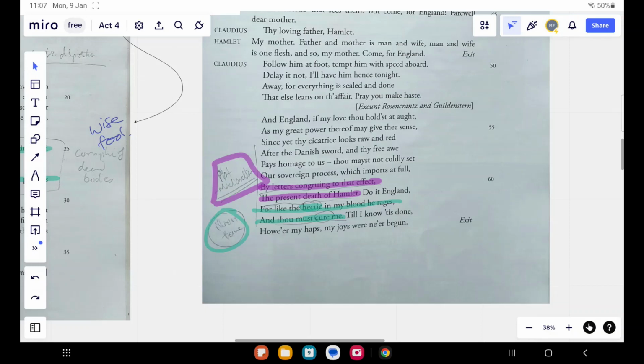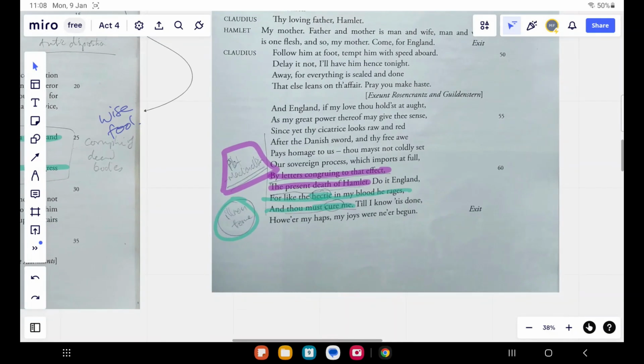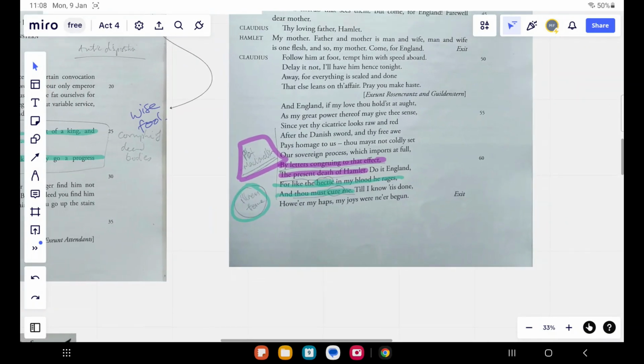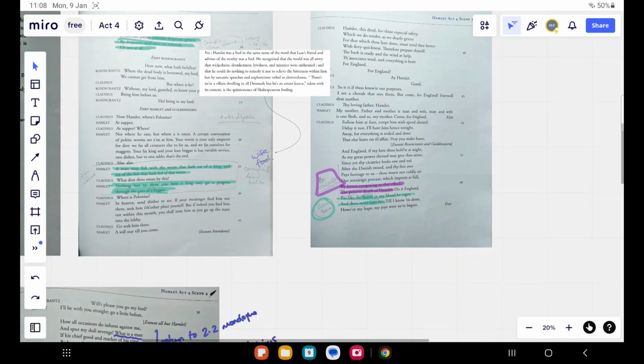So I think hectic is fever, and again that illness motif is returned to, and the idea of the cure for the illness being the death of Hamlet, as far as Claudius is concerned, because of the safety that will bring to him.